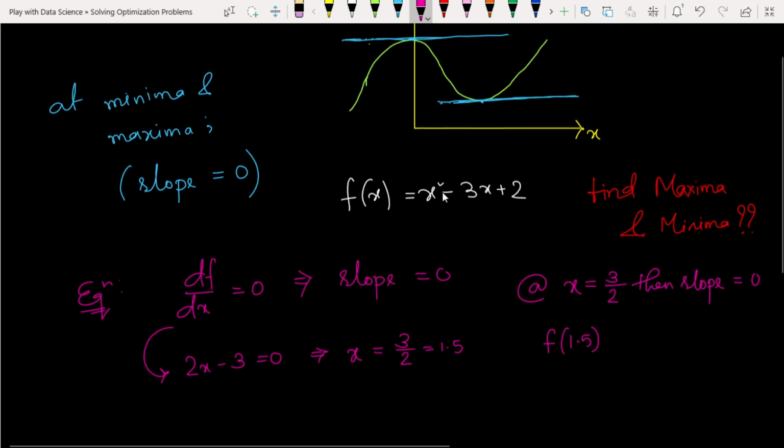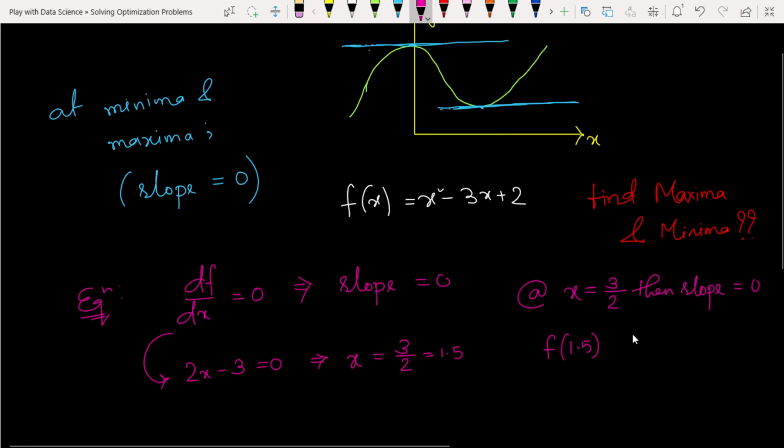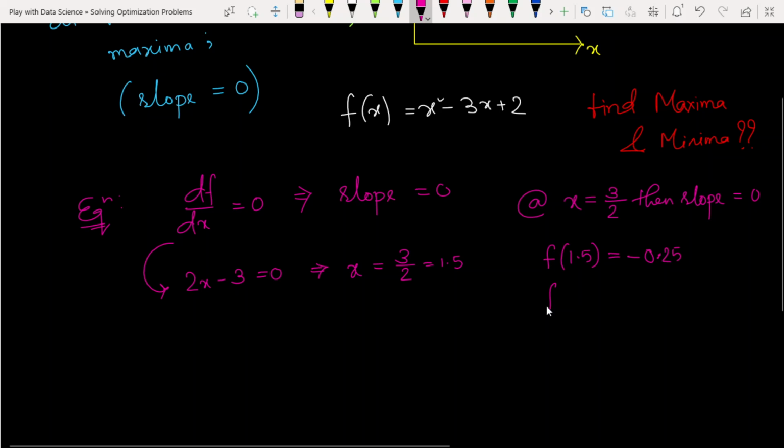Just put 1.5 here and calculate it. I think it will be minus 0.25. Next, what is the value of f of 1? It is 0. And after that the value decreases.